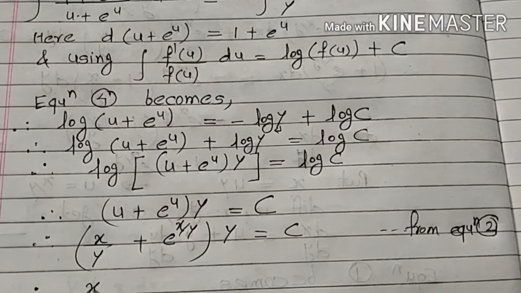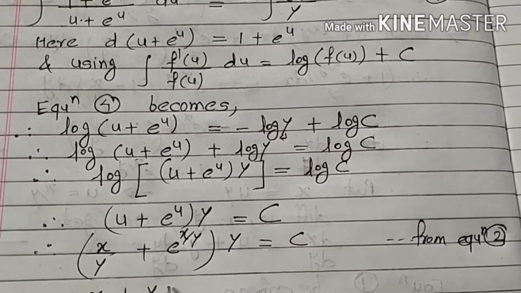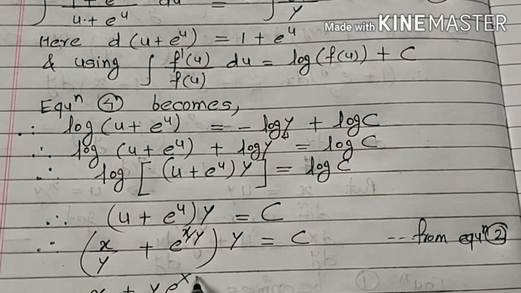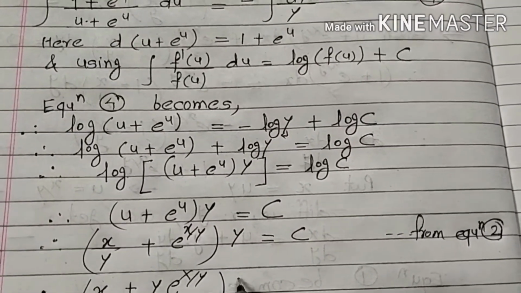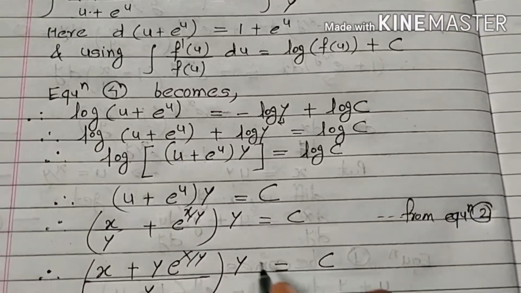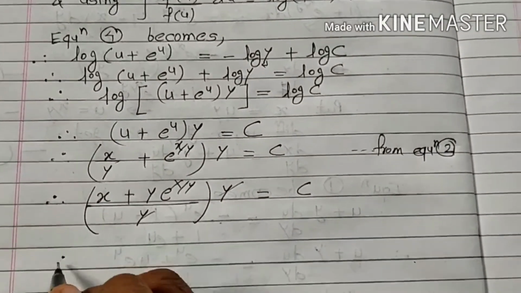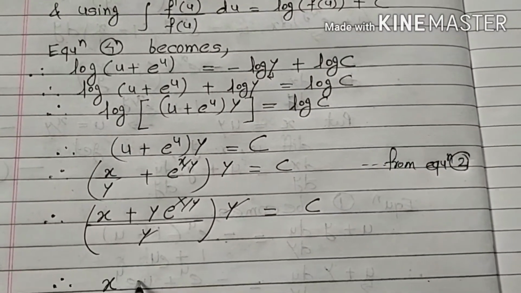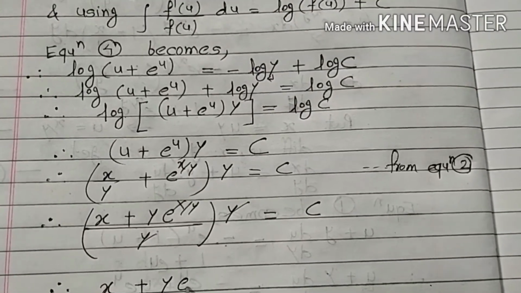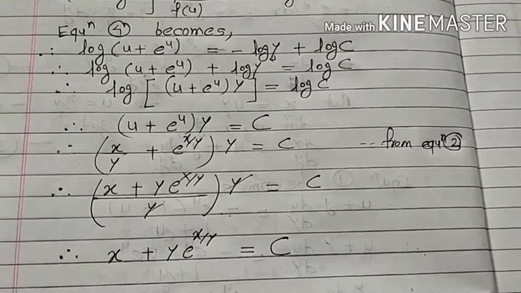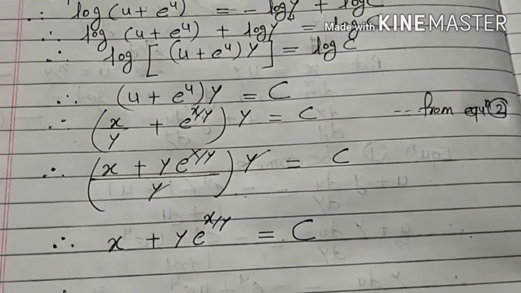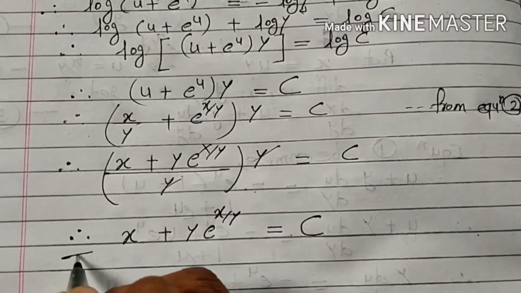So it is x plus y e raised to x upon y upon this y. So this y and this y get cancelled. So the remaining terms are x plus y e raised to x upon y, which is equal to c. So this is the general solution.